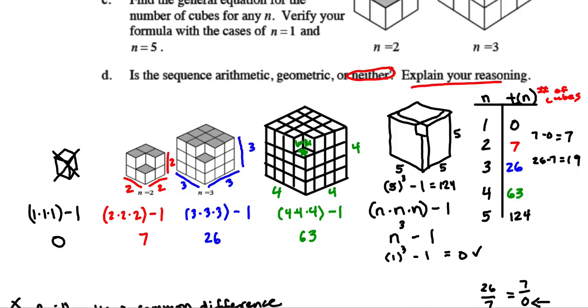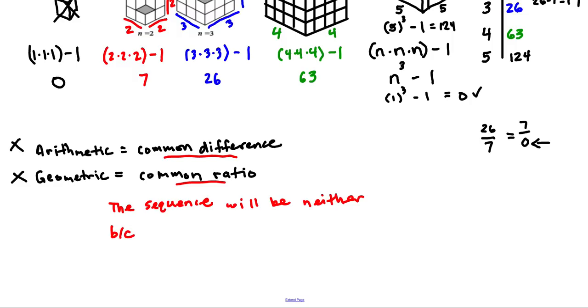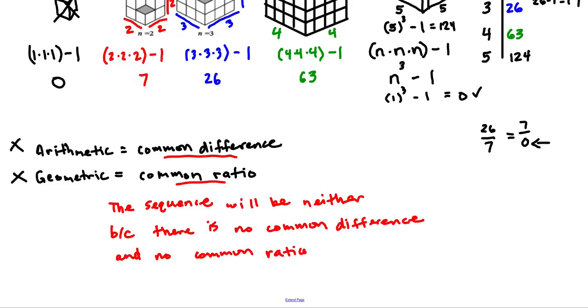Now it says explain your reasoning. We could say the sequence will be neither geometric or arithmetic because there is no common difference and there is no common ratio between the terms.